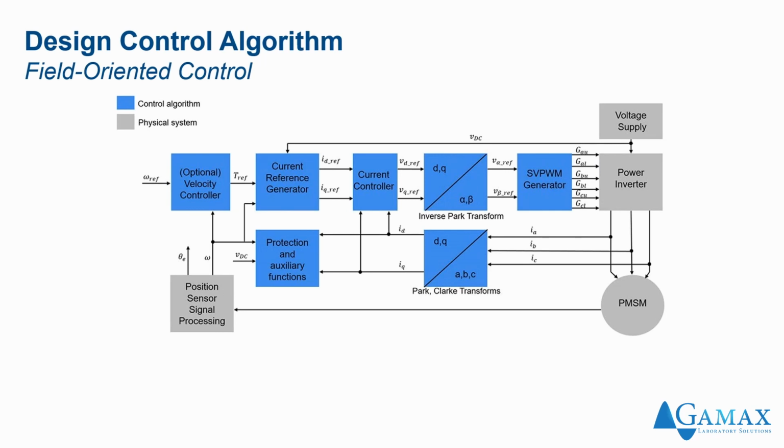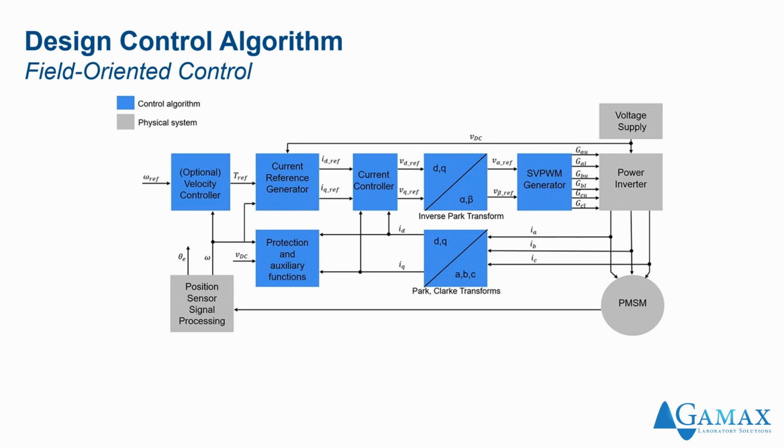It is also necessary to design a space vector modulator to control the PWM. Also, it is necessary to design an observer algorithm to estimate the rotor position and velocity if we go for sensorless control. It is also necessary to design the maximum torque per ampere or the field weakening control algorithms.